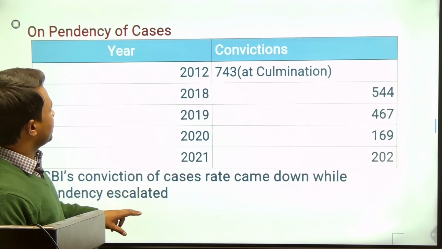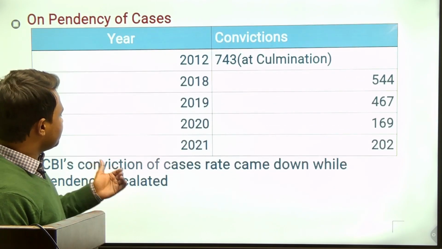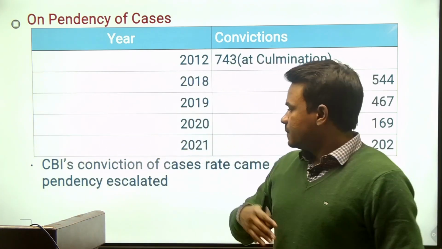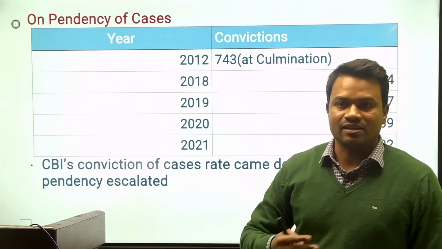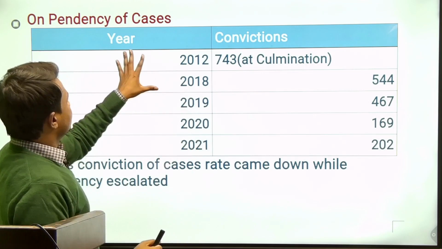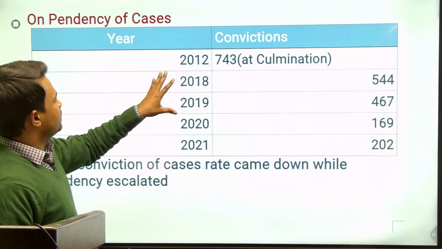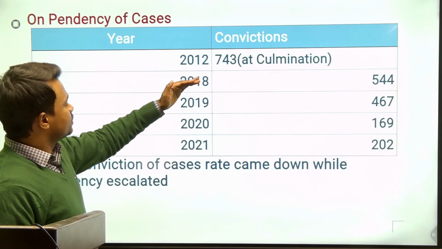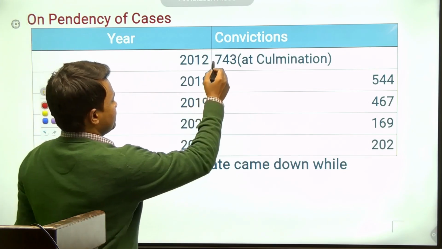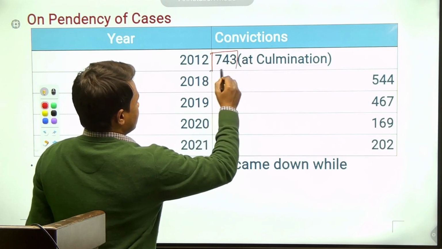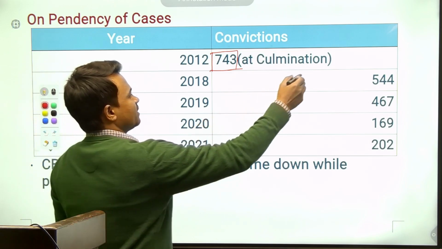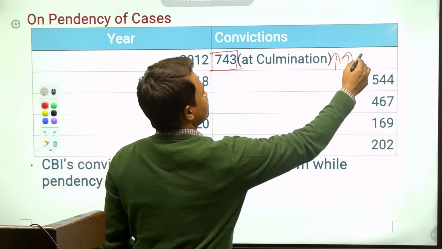They are of the view that the CBI conviction rate of cases came down while pendency escalated. This is one of the figures they highlighted. The committee found that in the year 2012, CBI's investigation case rates were at the culmination, at the peak, in very good shape.